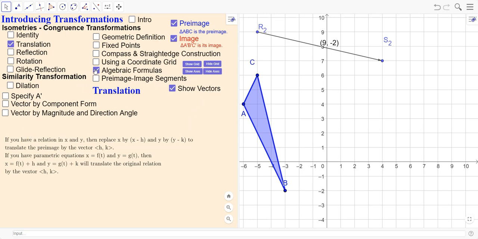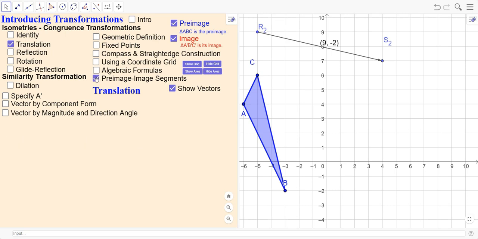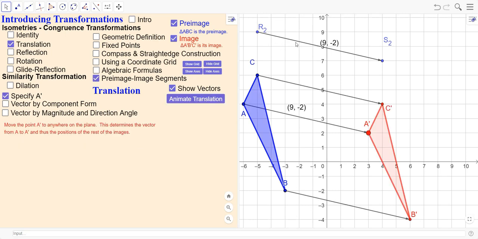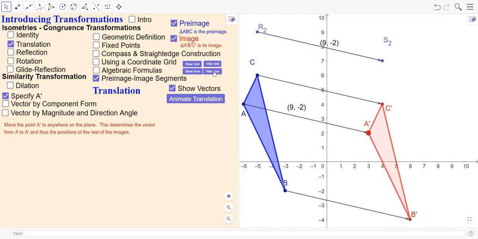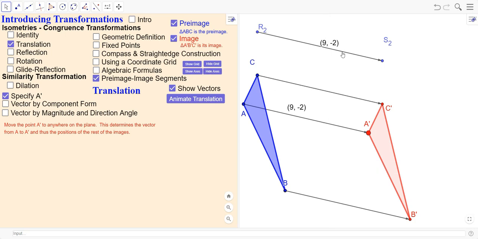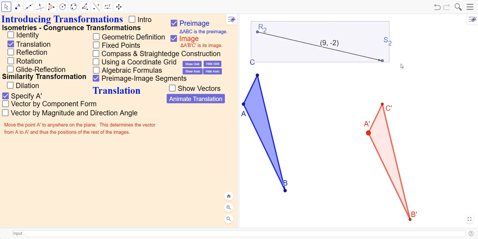Okay, so once again, let's hide some stuff here. I don't need this anymore. What if I just have a figure and another figure, and it's translated, we can see here, but how can you tell it's translated?